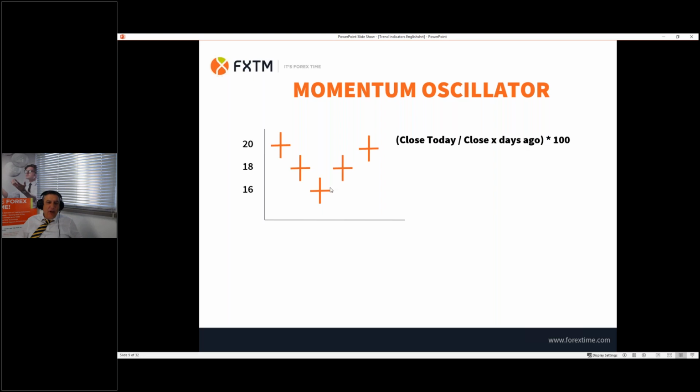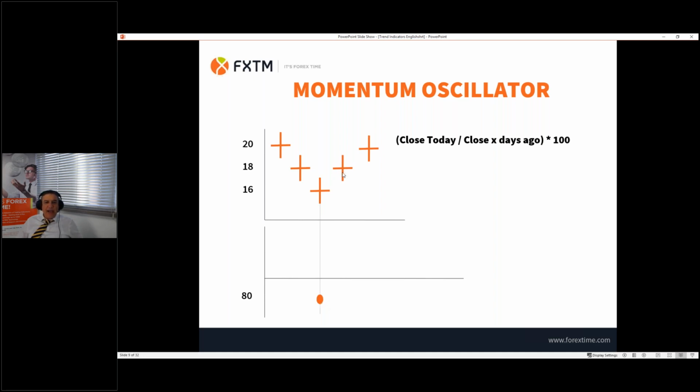So, for example, if 16 right here is our closing price, we have to divide it by the closing price 3 periods ago, 20, and then multiply by 100. So 16 divided by 20 times 100 is, of course, 80. So we plot this dot that corresponds to 80.